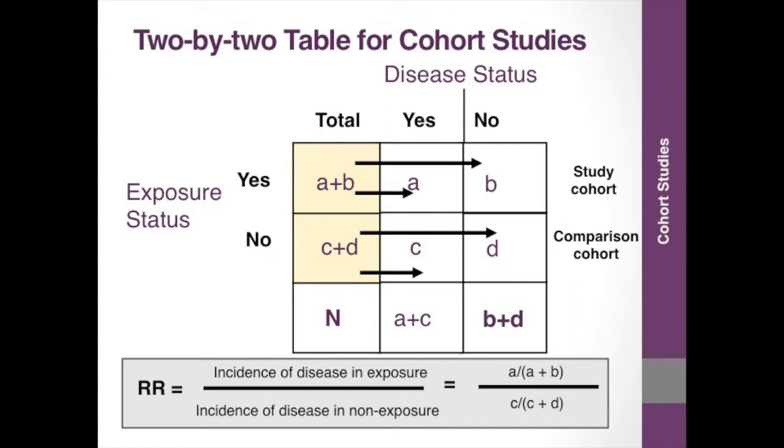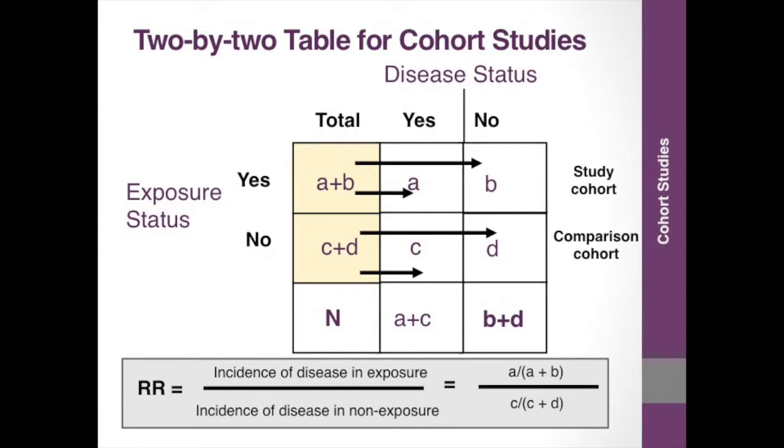2 by 2 tables can be oriented in several ways, and this might cause some confusion when calculating measures of association. There are no standards on how to set up these tables, but if you are not careful, different orientations might result in errors when you calculate the measures of association.